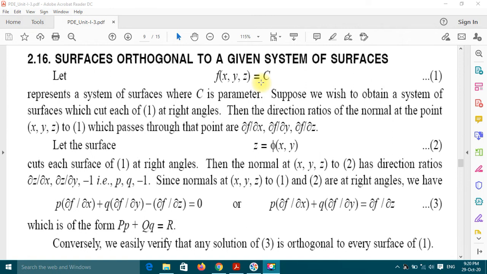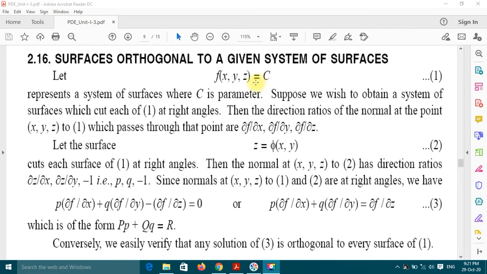and suppose that z = phi(x, y) is the given system of surfaces which is orthogonal to the given system of surfaces f(x, y, z) = c.